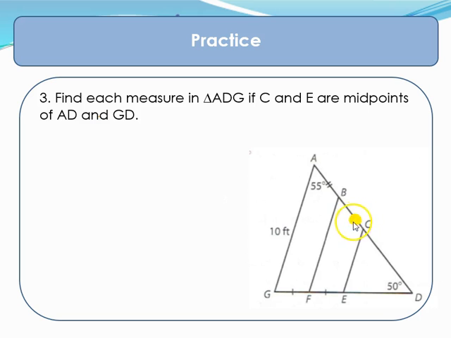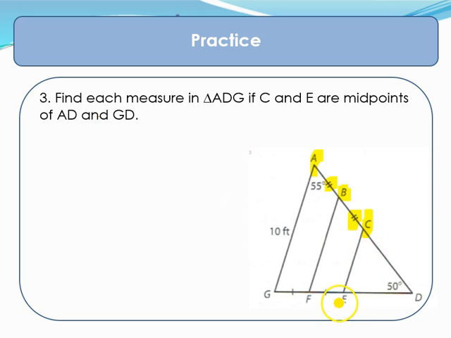We have C and B right here, and they have congruency marks to show that AB is congruent to BC.